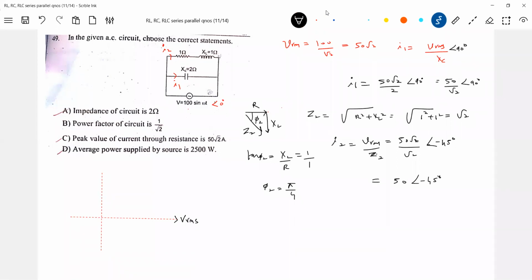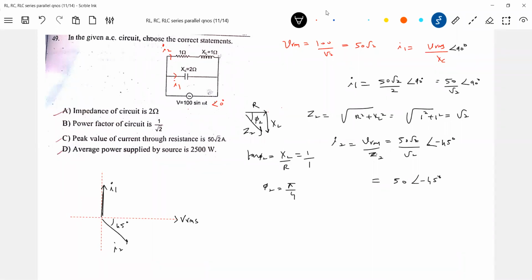What about current I1? It is leading. And what about current I2? I2 should lag by how much angle? 45 degrees. So I2 will come here like this. This is not exact, I only brought in the tan phi relationship. This will be 45 degrees.